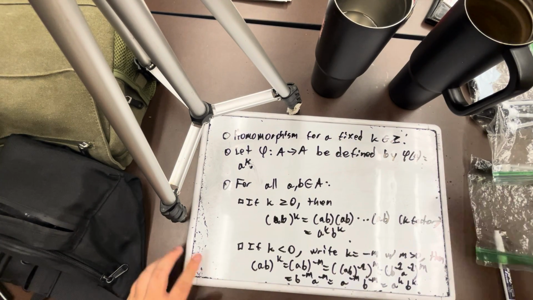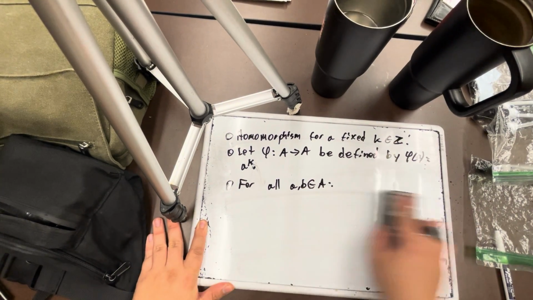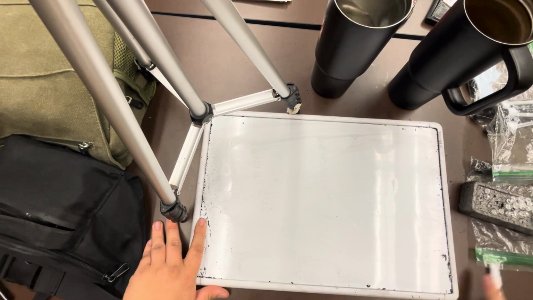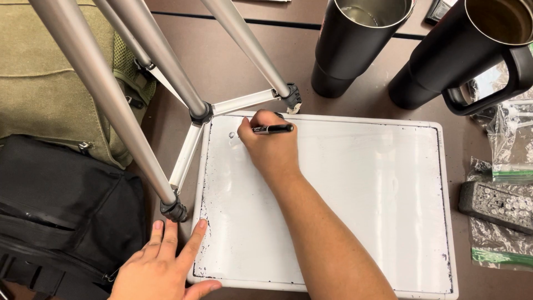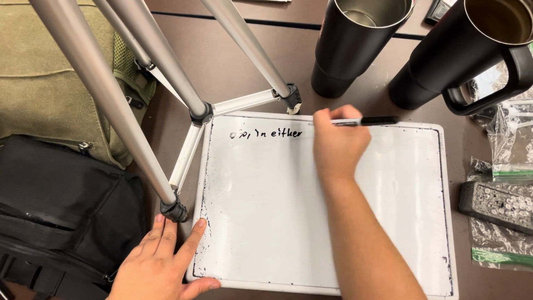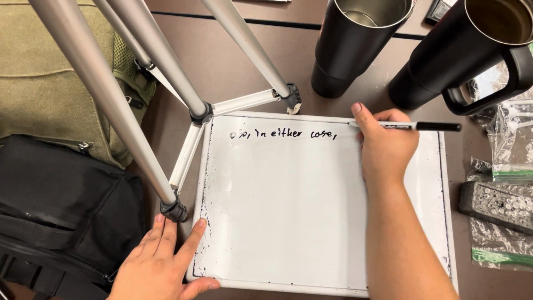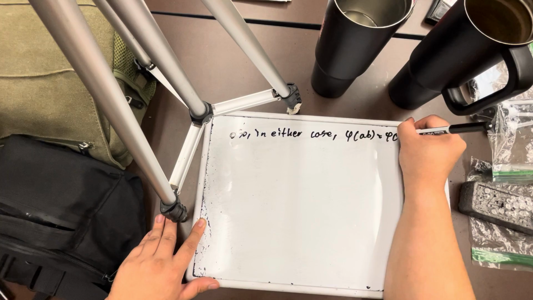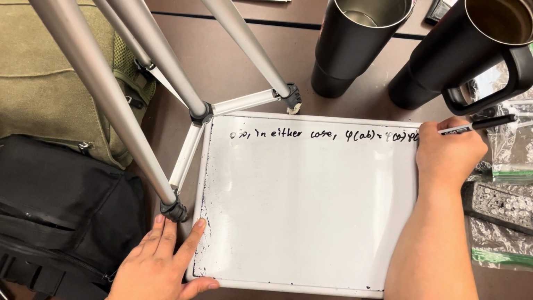So what can we then say? Well, in either case, phi of ab is equal to phi of a times phi of b.